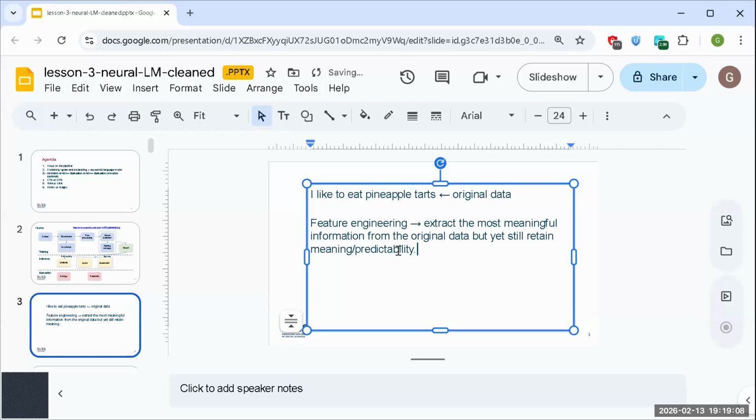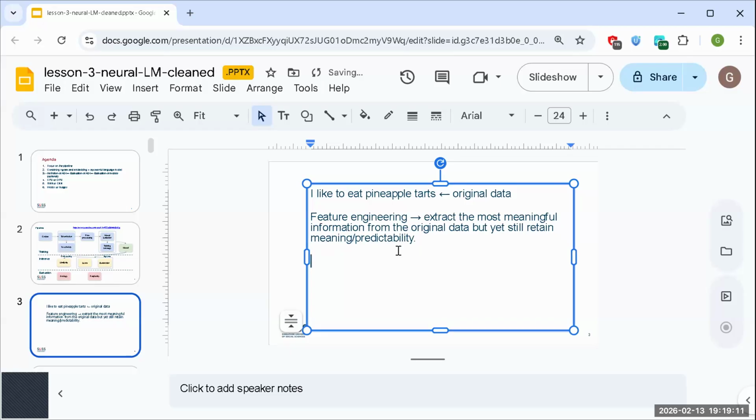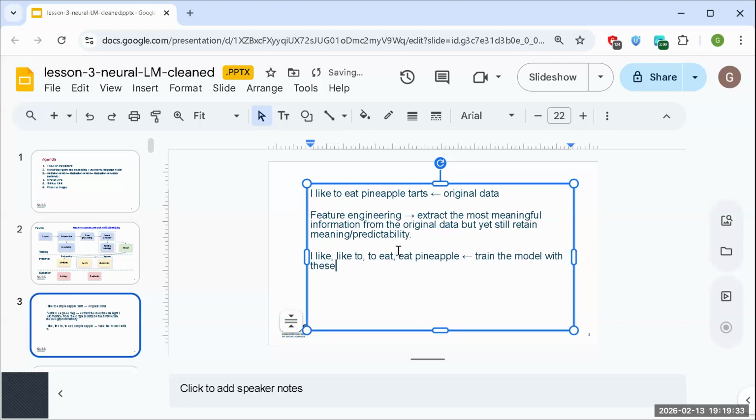So in a sense, if you use a bigram, your original data changes to "I like", "like to", "to eat", "eat pineapple". Then this means you can train the model with these features instead.